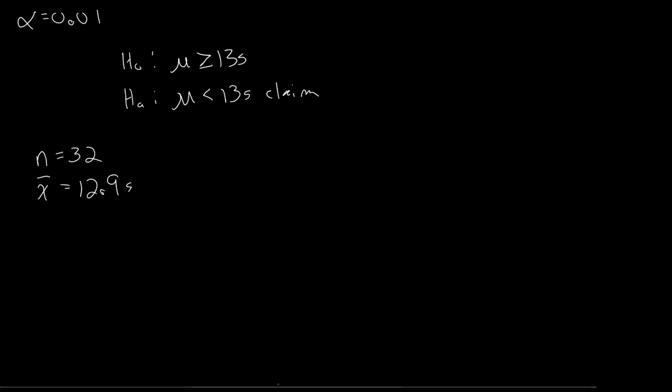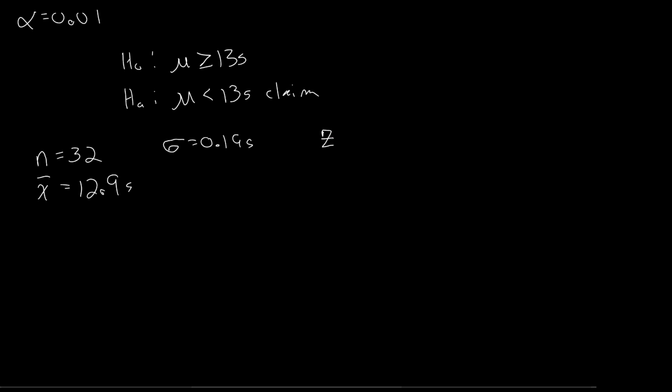What we're doing is, will we reject the null hypothesis, or will we fail to reject the null hypothesis? Now, the other portion of this is, we know that the standard deviation is 0.19 seconds. And so we know the population standard deviation is 0.19 seconds. And since the population standard deviation is known, the test statistic we're going to use is a z-score.